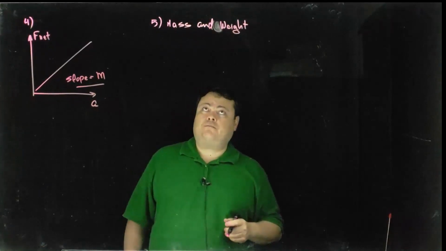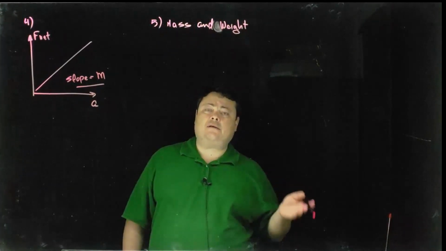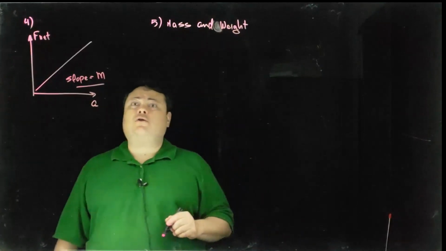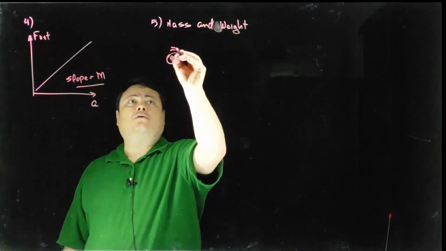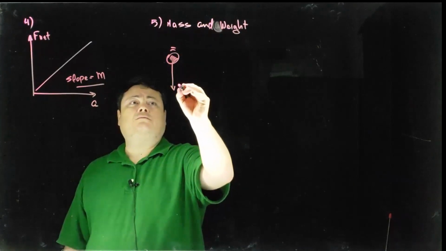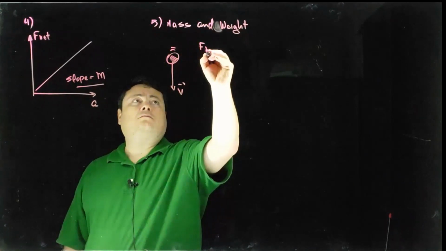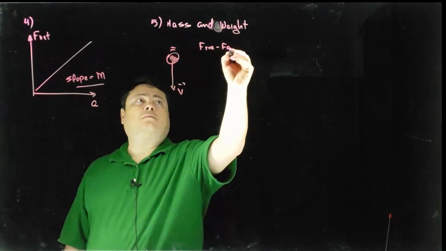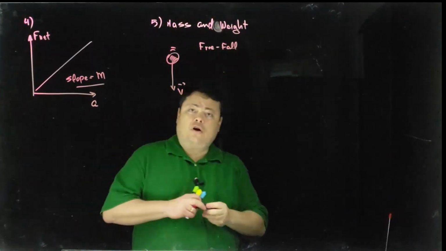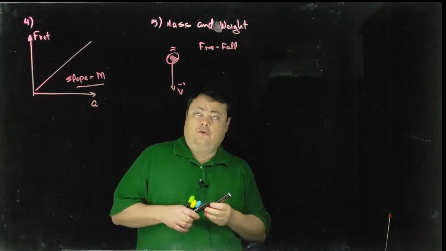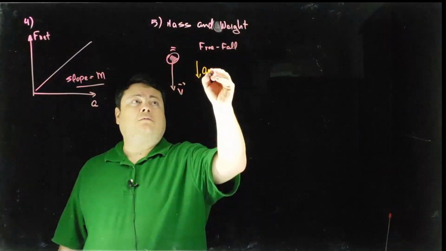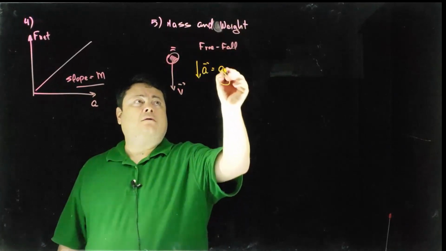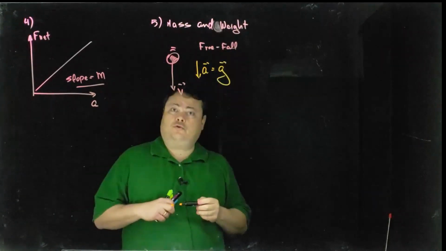Observation 5. Relationship between mass and weight. Let's consider an object that is falling in free fall. If this object is in free fall, we know that its acceleration down is equal to the acceleration due to gravity.